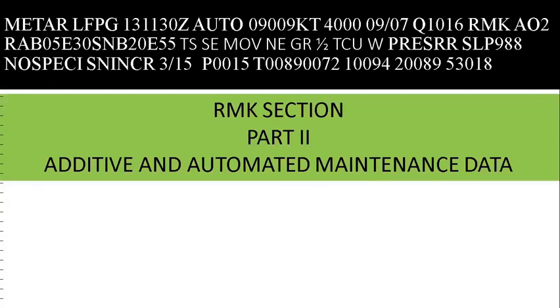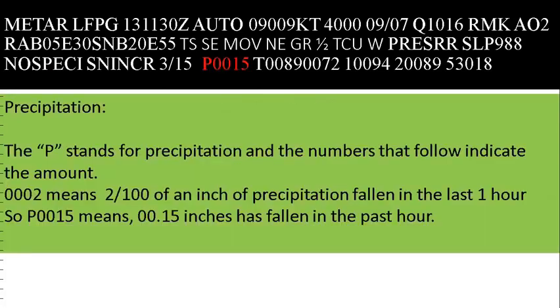Now, as we have discussed earlier, the remark section has 2 parts. The first part we have already covered. The second part is additive and automated maintenance data. Here the first is precipitation. P stands for precipitation and the numbers that follow indicate the amount.